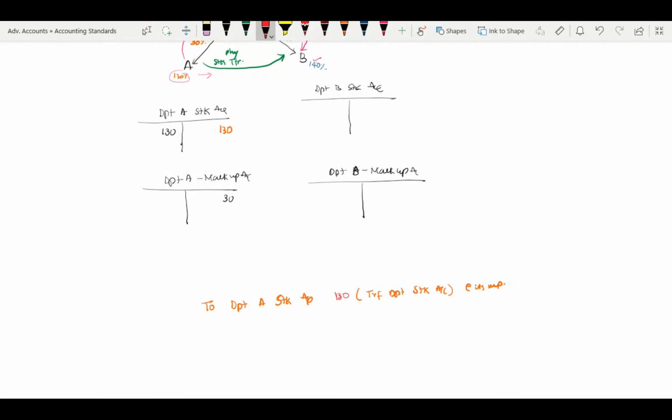Now in the same way, the departmental markup account has to be debited. Whatever the departmental markup of A is, since those goods are transferred, I have to remove that loading. Then only it will tally.